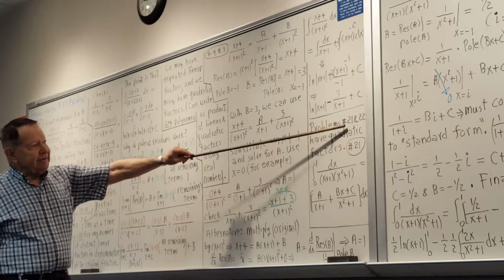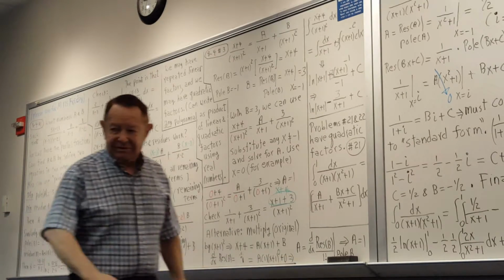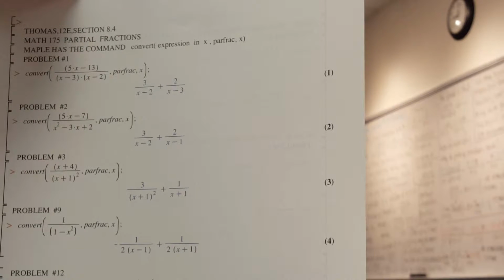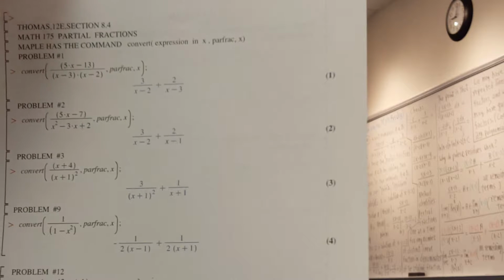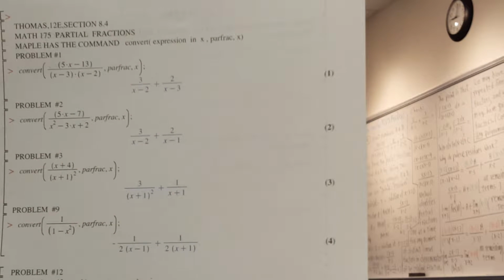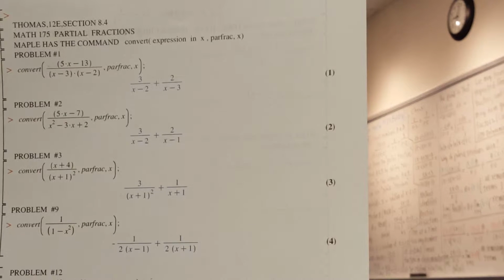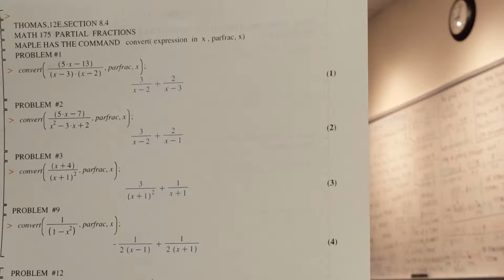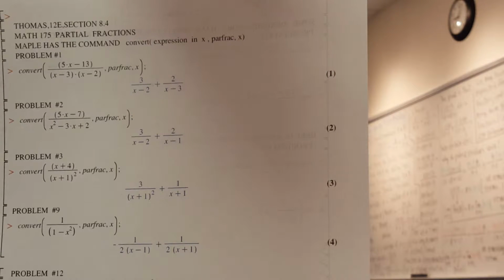So now let me give you some Maple on this. For partial fractions, comma, x. Maple demands that you say specifically what letter it is that is supposed to be your variable. The reason for that is that this way, instead of having number coefficients, you might have A and B letters, and a variable that's x, and then this would give you partial fractions using the letters as your coefficients.